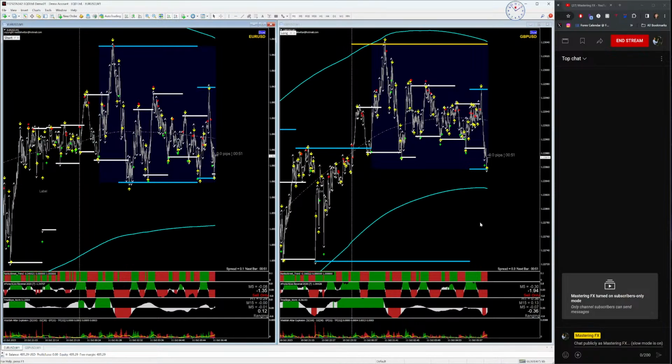So that's what we're gonna wait for. Yeah, that's my expectation. So we're gonna sweep at least above the Asian session high. Same here. And then hopefully get an entry. That's what I think is gonna happen.